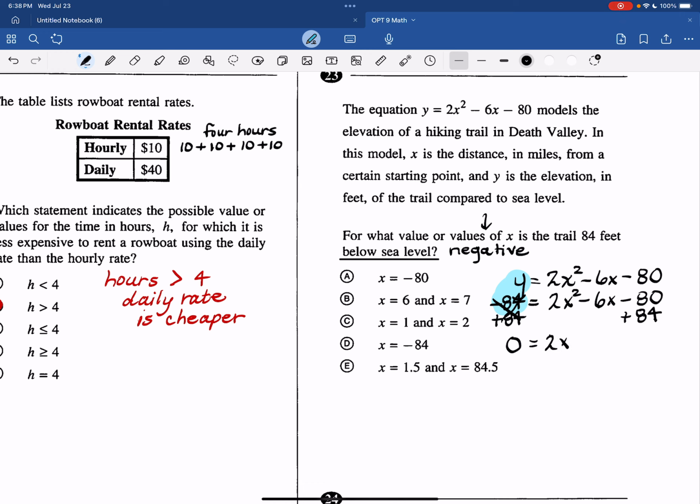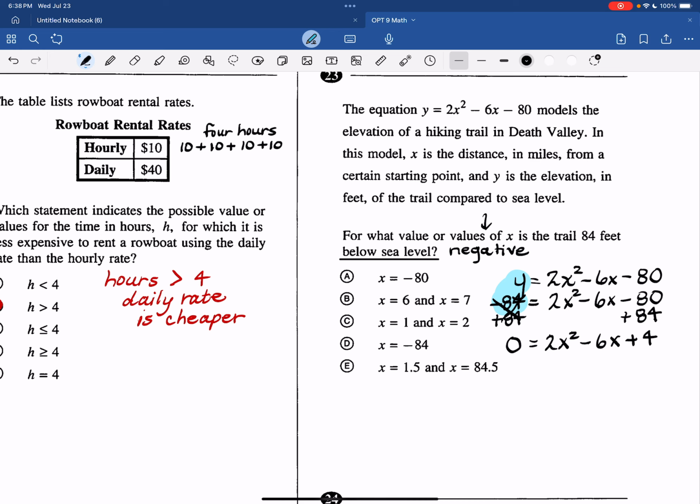So we have 2x squared minus 6x. Now we have a plus 4. And now things are starting to look better for me. I want to first get 0 on one side of the equation. And to do that, I just have to move my 84.